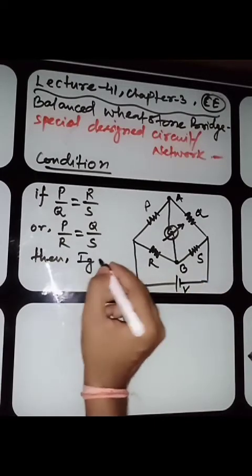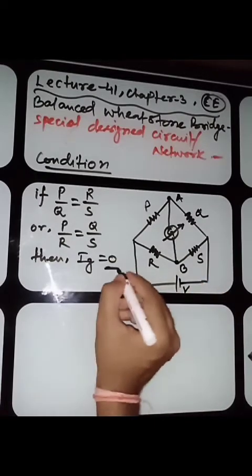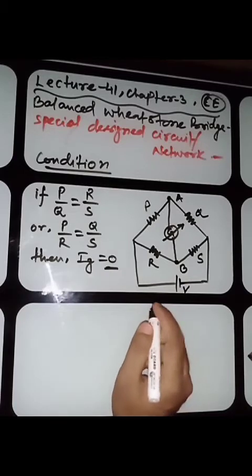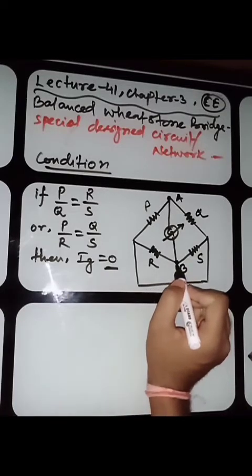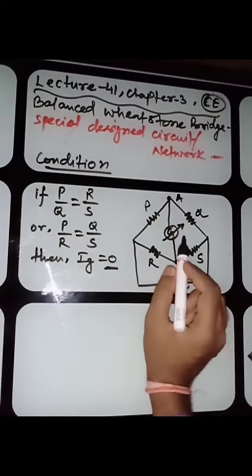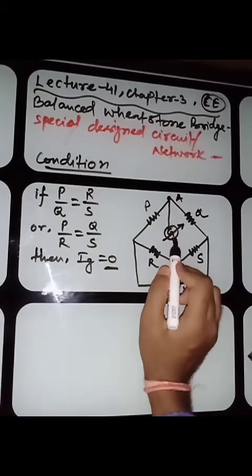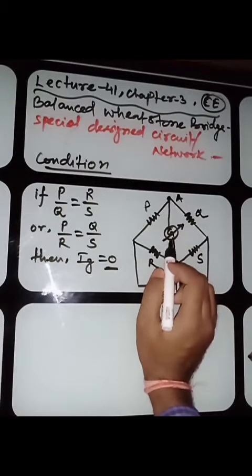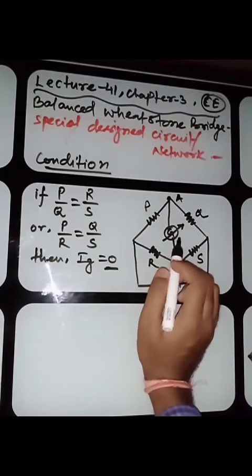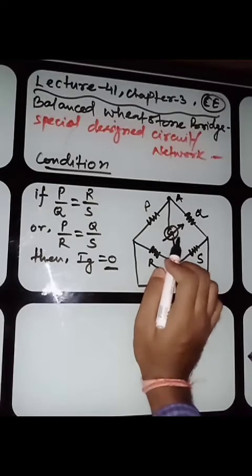Then Iz will be 0. Very, very interesting. That is, the galvanometer will not show any deflection, and the galvanometer is said to be in null deflection state.